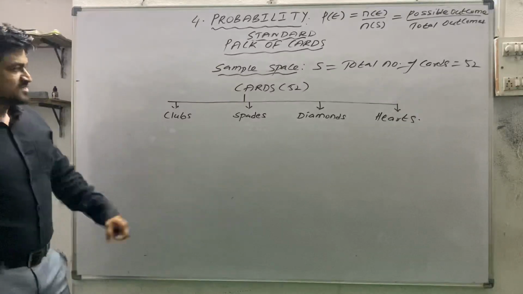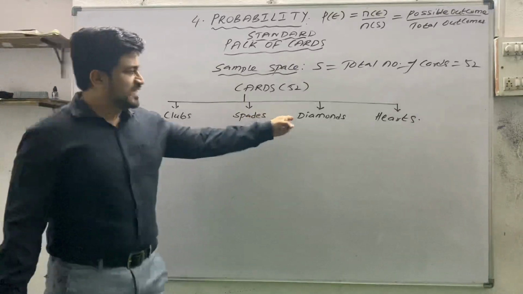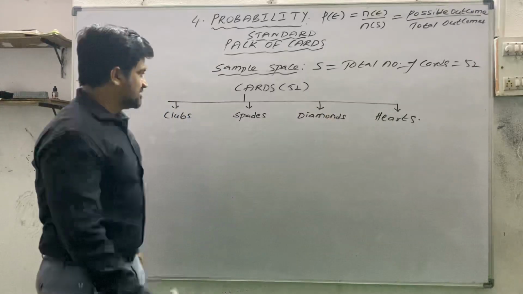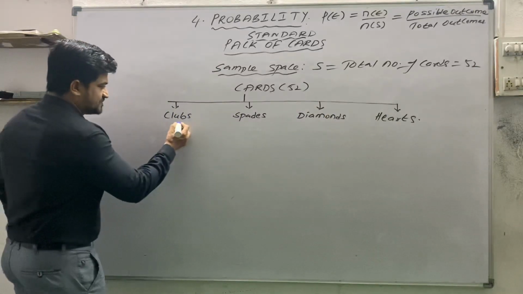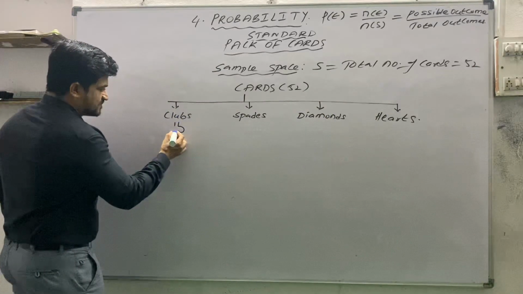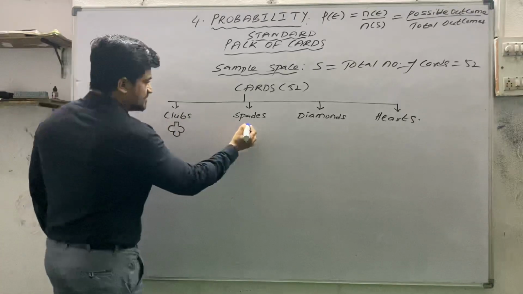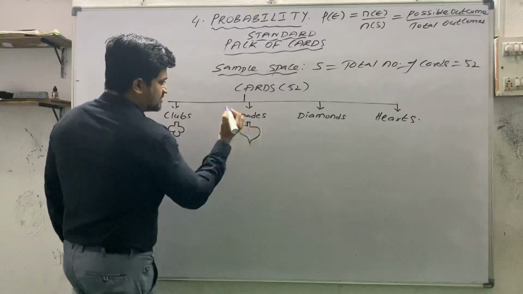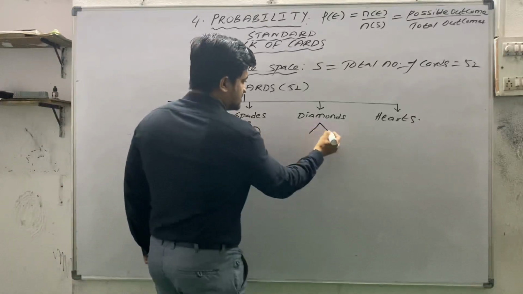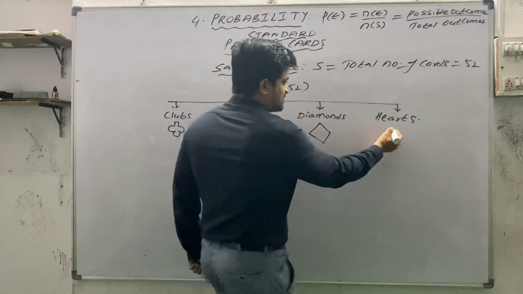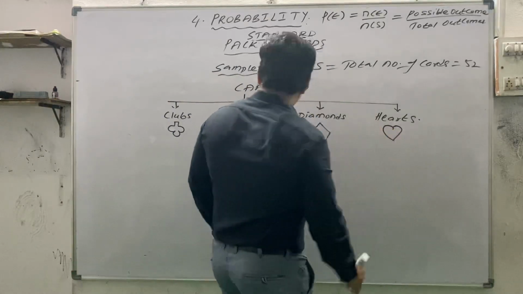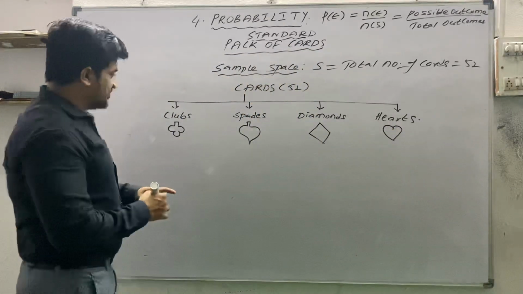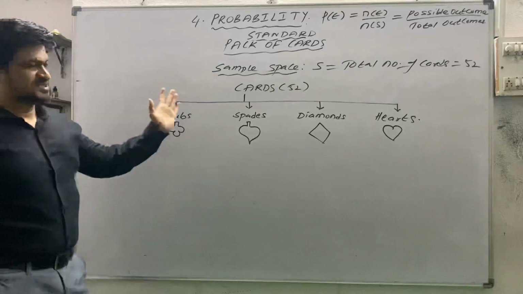Clubs are there, spades are there, diamonds and hearts. These are the shapes that will be present on the cards.